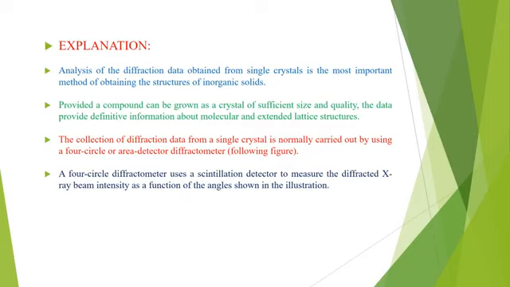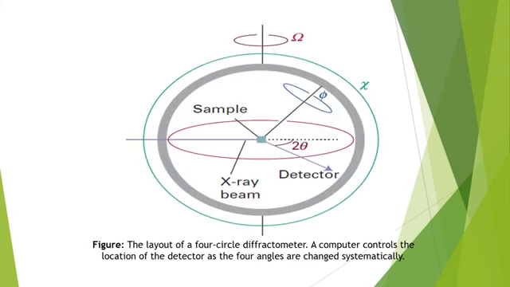A four circle diffractometer uses a scintillation detector to measure the diffracted X-ray beam intensity as a function of the angles shown in the illustration. Here is the illustration of the four circle diffractometer.